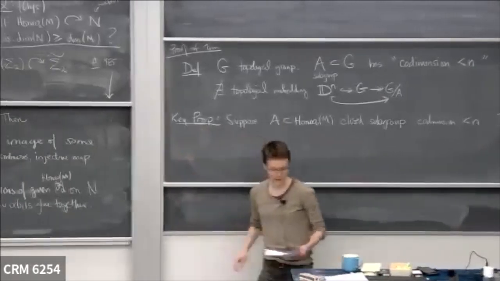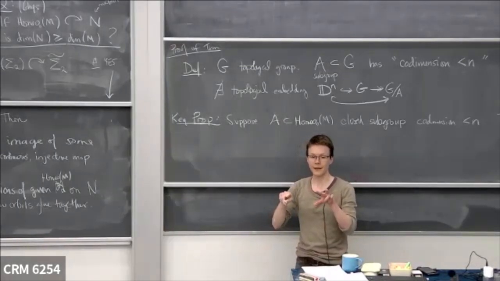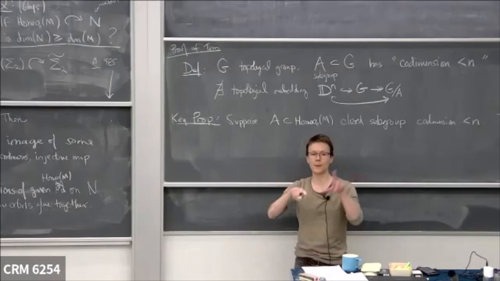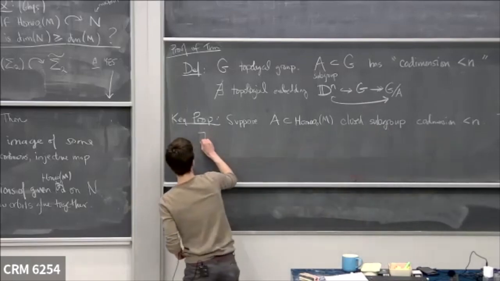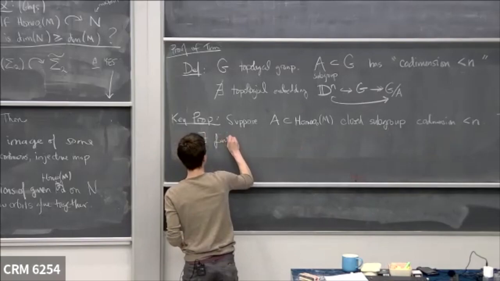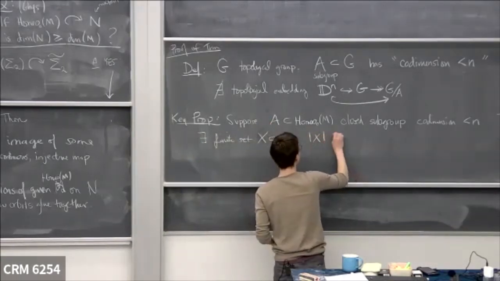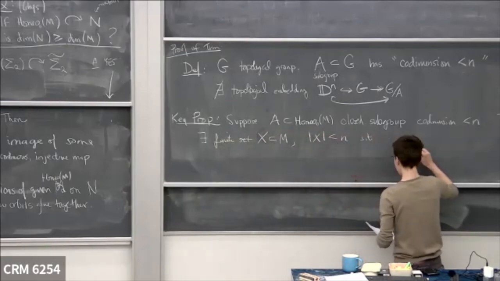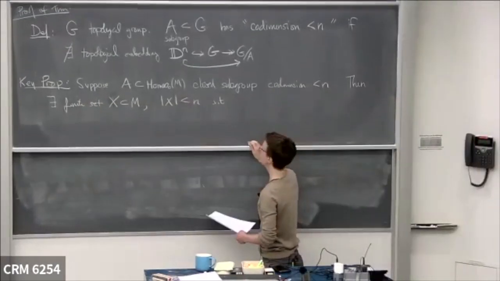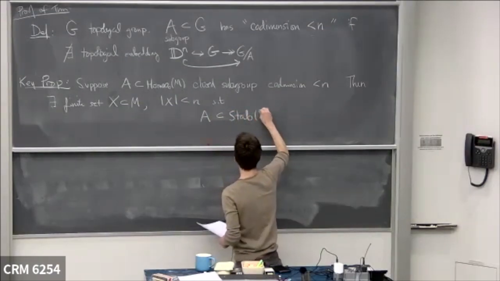It's going to look like a stabilizer of a small number of points. Being able to move these points around independently is going to give me codimension. More precisely, there exists a finite set X of points in your manifold of cardinality less than n, so that A is contained in the stabilizer of X.